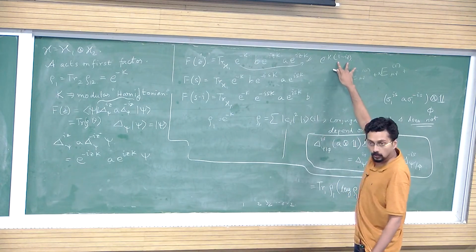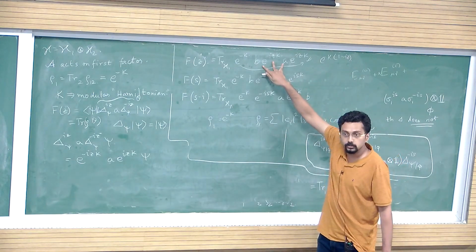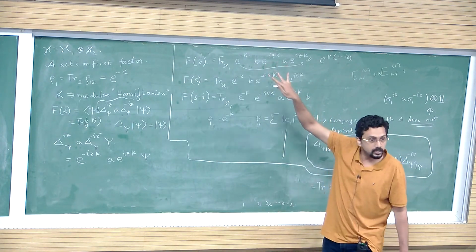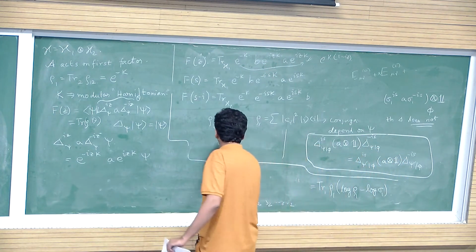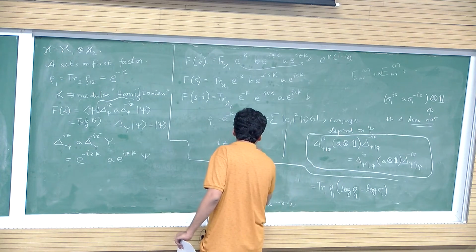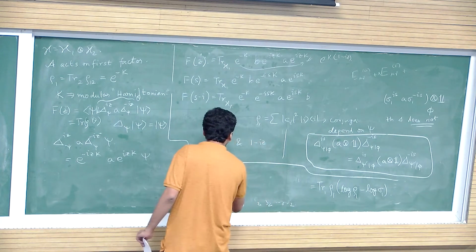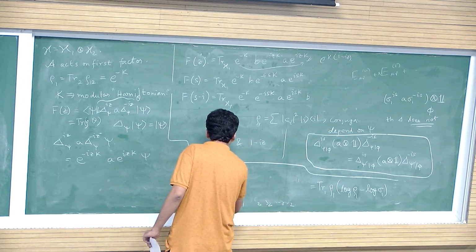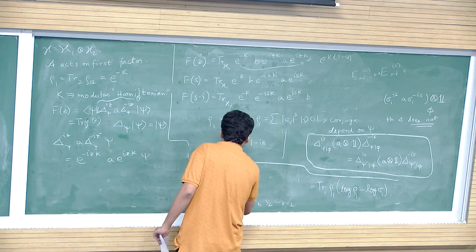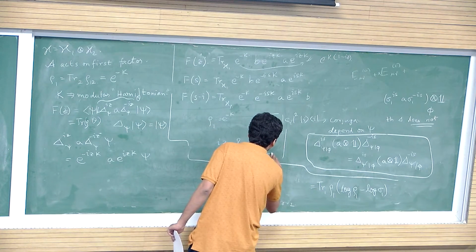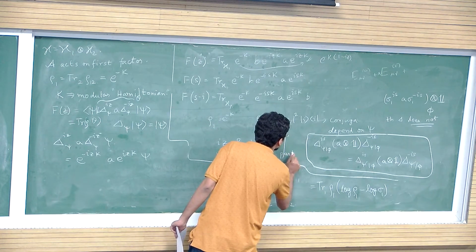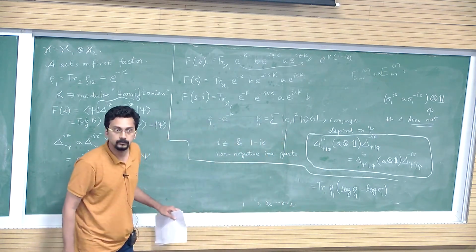So this part will also have a real part, and this operator also will have a real part. Those two things had better be convergent when I take t to infinity, which essentially means iz and 1 minus iz must have non-negative imaginary parts.